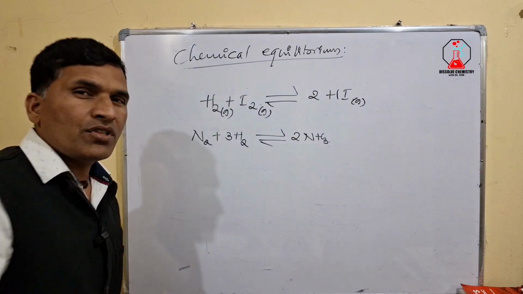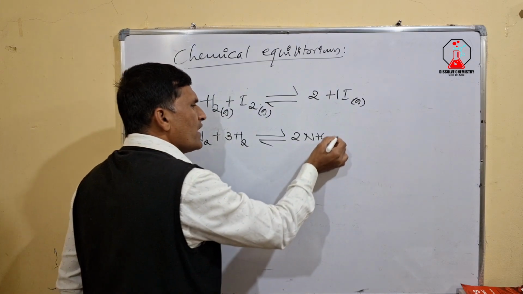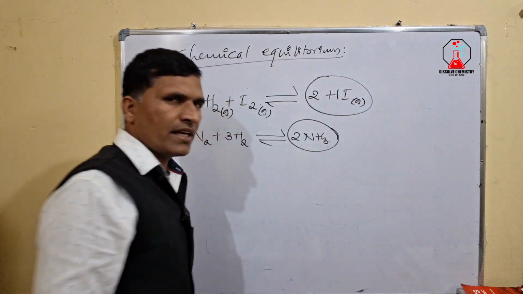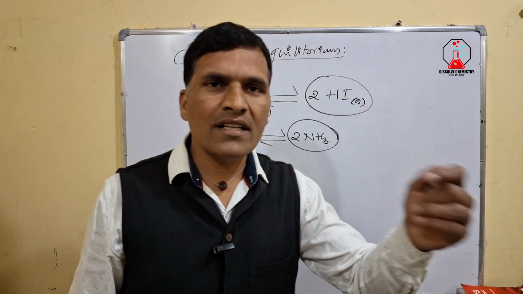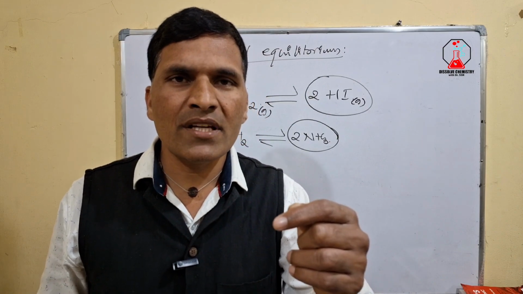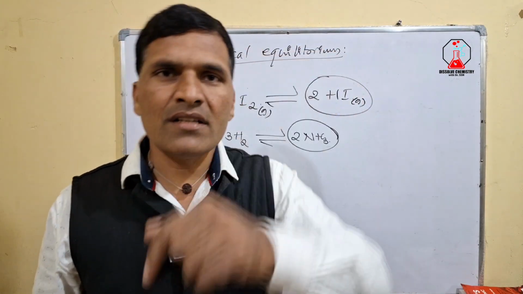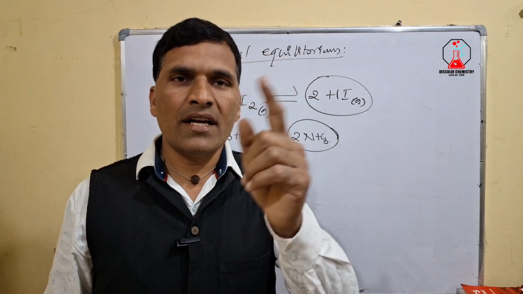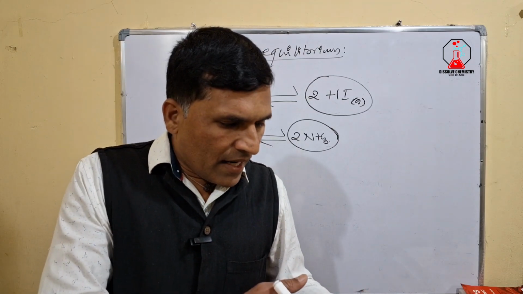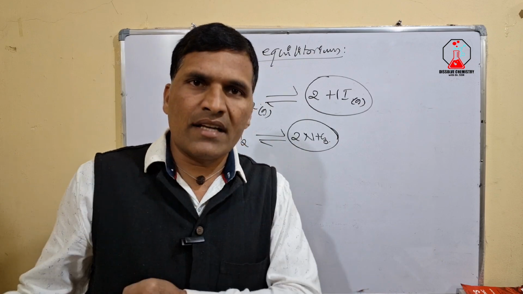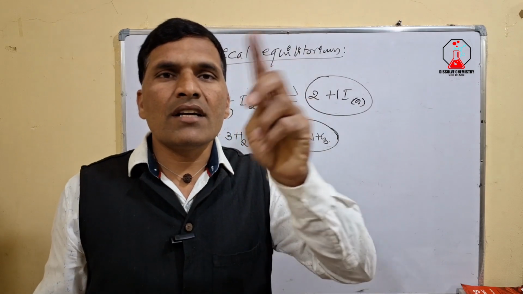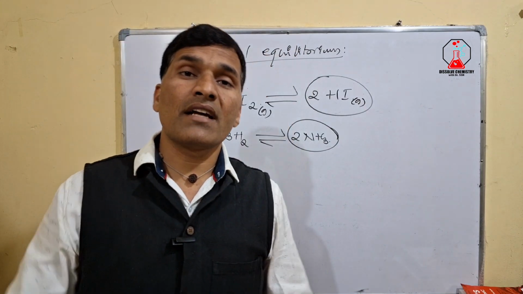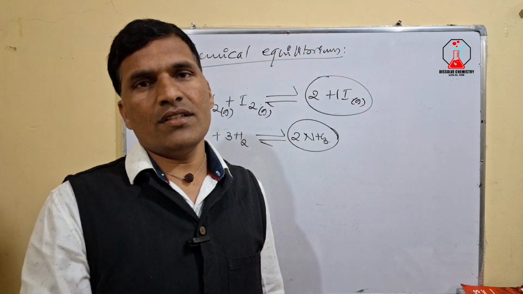Now, my question is, if I start the reaction with ammonia or with hydrogen iodide, is it going to establish an equilibrium at the same instant or same concentration? Of course, it is going to attain. Either you start the reaction with the product or start with the reactant, your equilibrium concentration will always be a constant for a given reaction under given conditions.